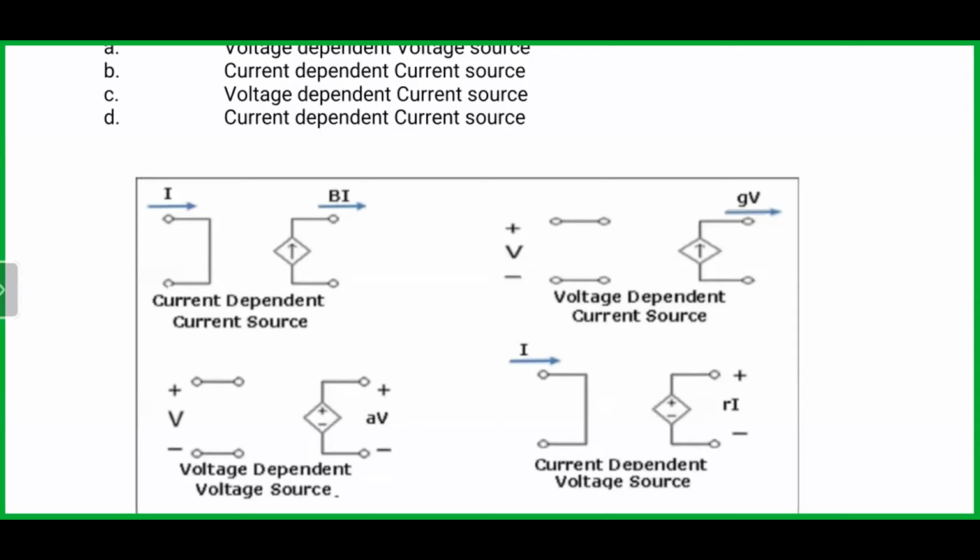Now at the extreme right side at the top is the voltage dependent current source. You see there's a supply voltage, and this voltage is creating a current. So we call it a voltage dependent current source.